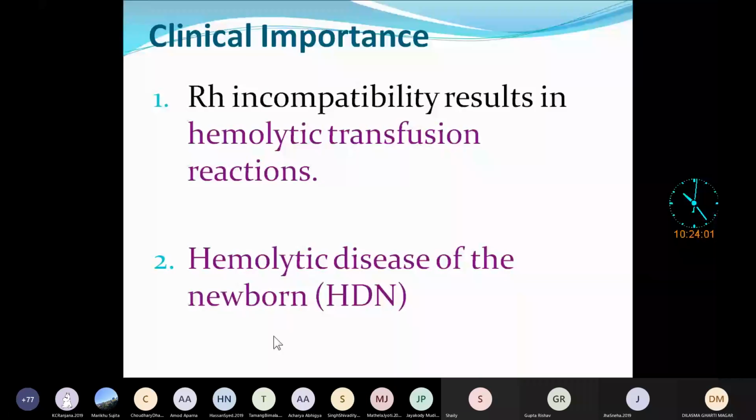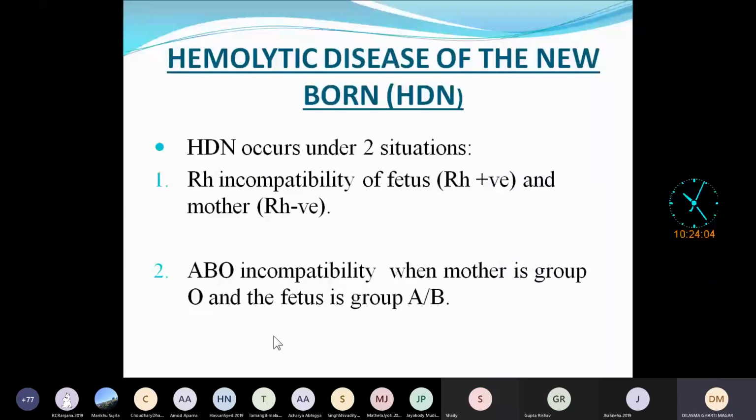Now we'll talk about the hemolytic disease of the newborn. It occurs under two conditions. Understood? One is the ABO incompatibility, and another one is the Rh incompatibility. In the first line you see Rh incompatibility of the fetus and the mother.